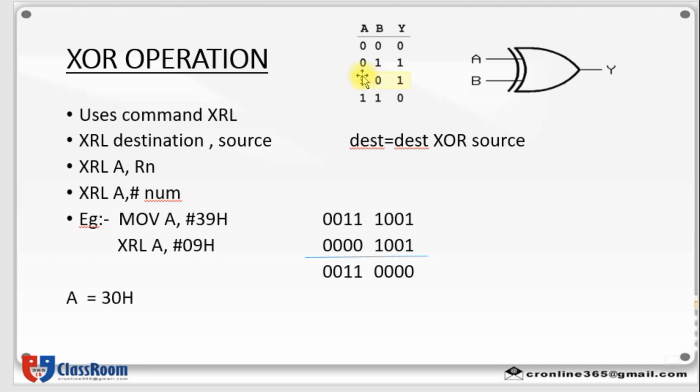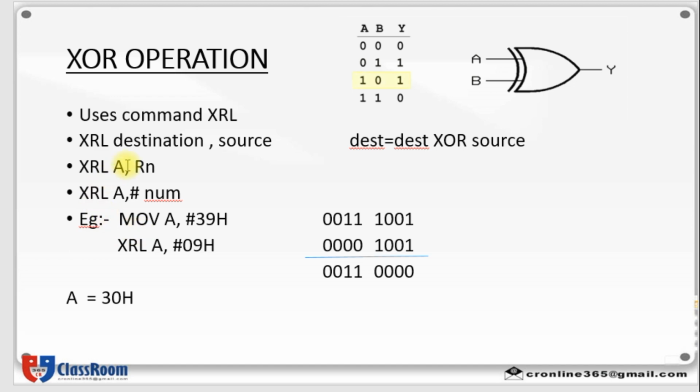Whereas different inputs, that is 0, 1 or 1, 0, the output will be equal to 1. So, XOR operation uses the command XRL. Same instruction XRL destination comma source. Same syntax as in OR and AND operation.